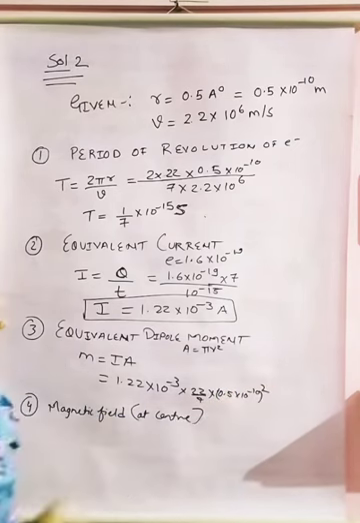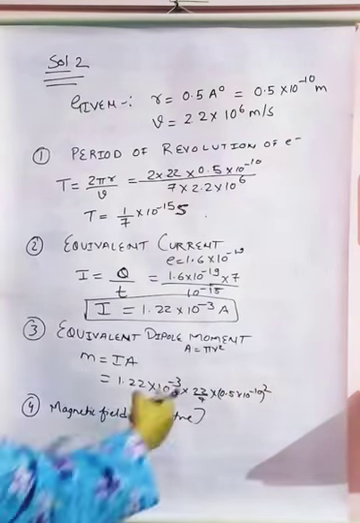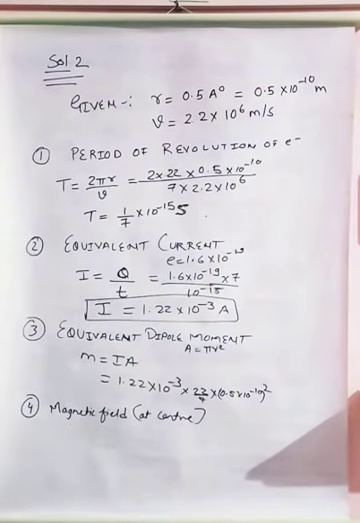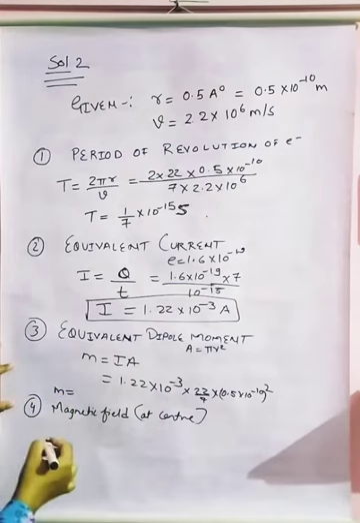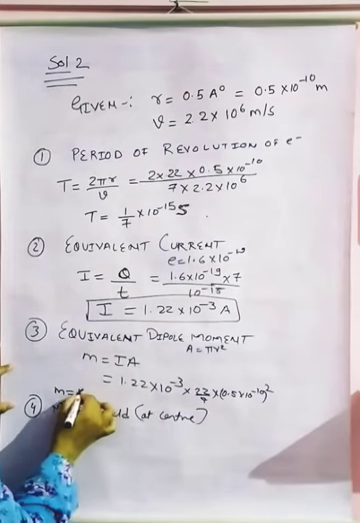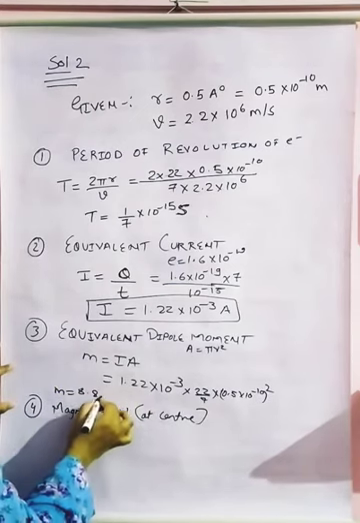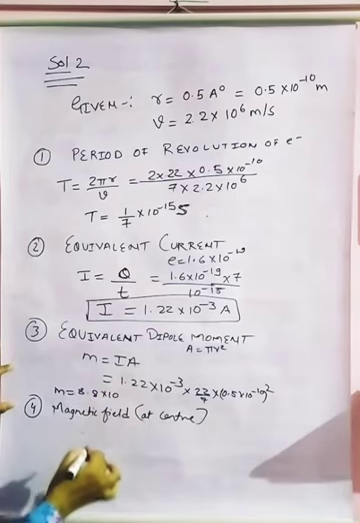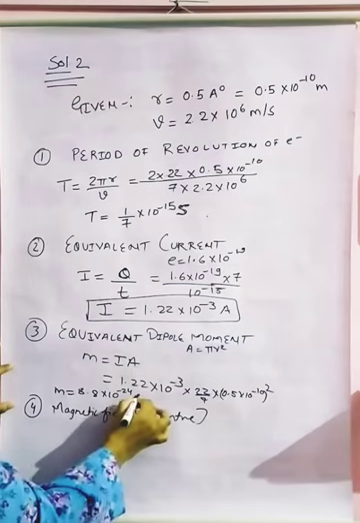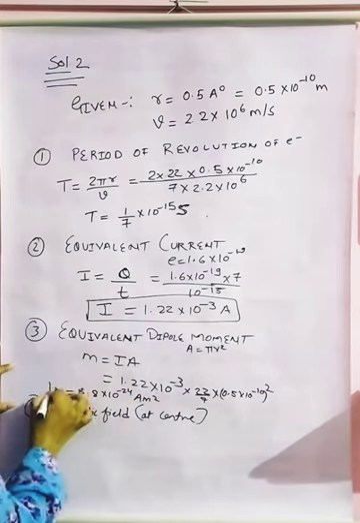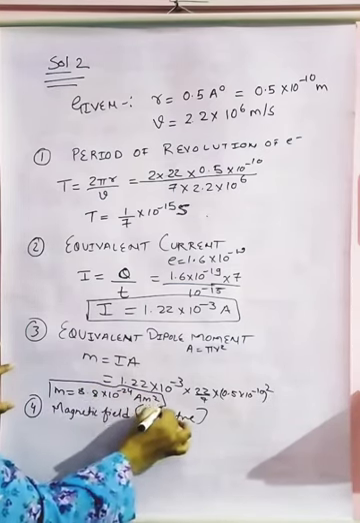This will be the dipole moment. So after solving, you can calculate the dipole moment value also. Dipole moment will come as 8.8 into 10 to the power minus 24 ampere meter square. We are going to get this value for the dipole moment.